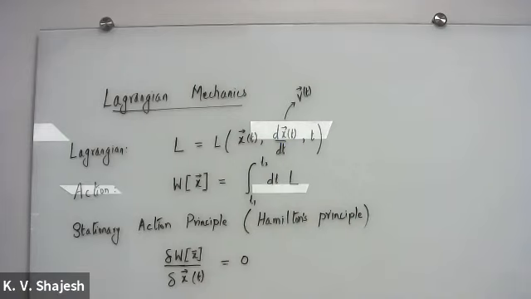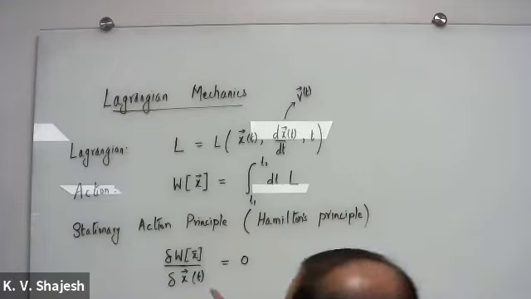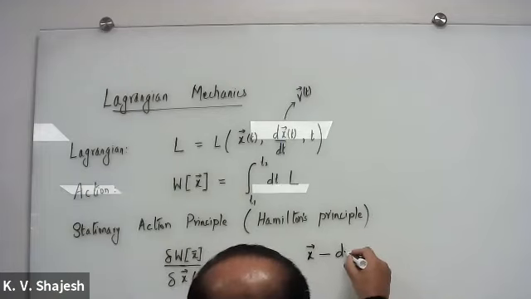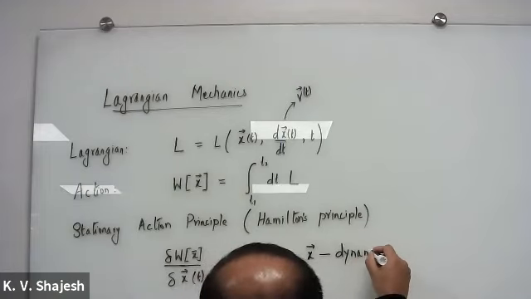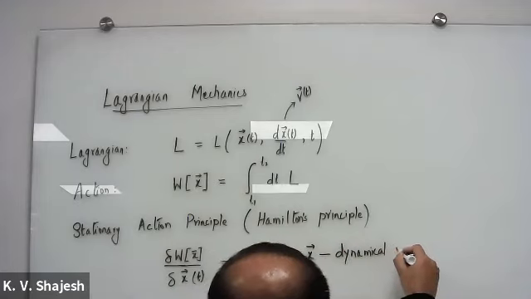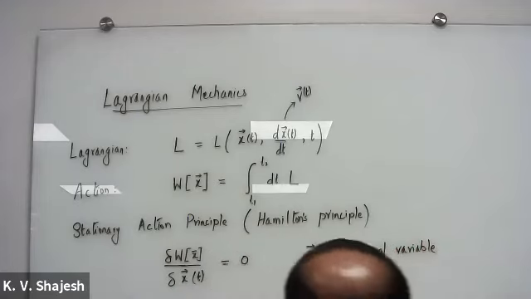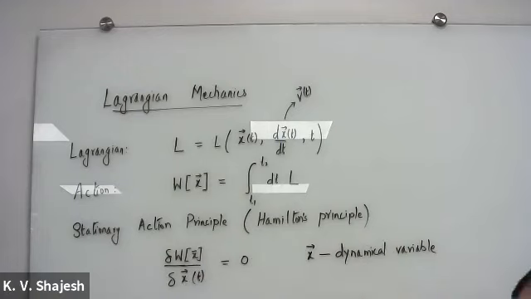There are certain parameters the action is stationary with respect to, and those are typically called dynamical variables. So x will be called a dynamical variable. Dynamical doesn't mean it has to do with dynamics, but of course the context is what gives the name.